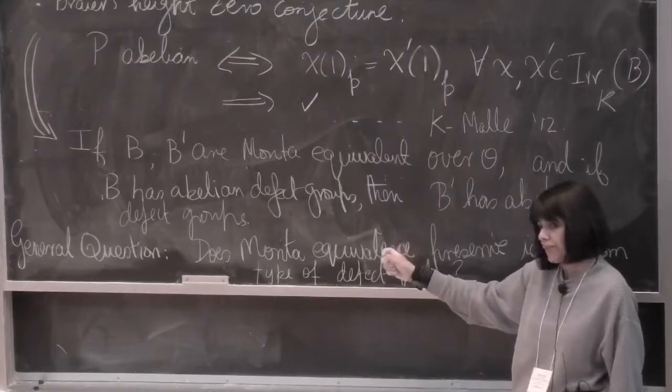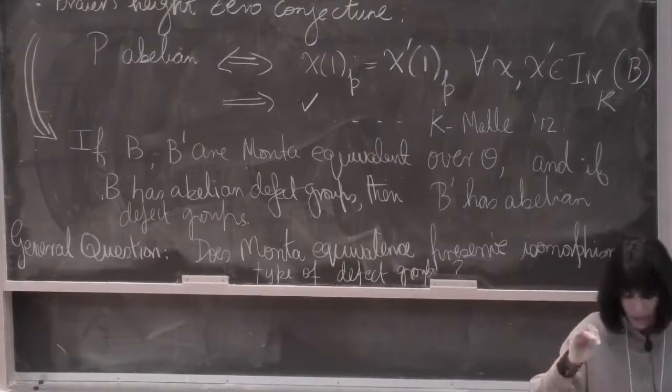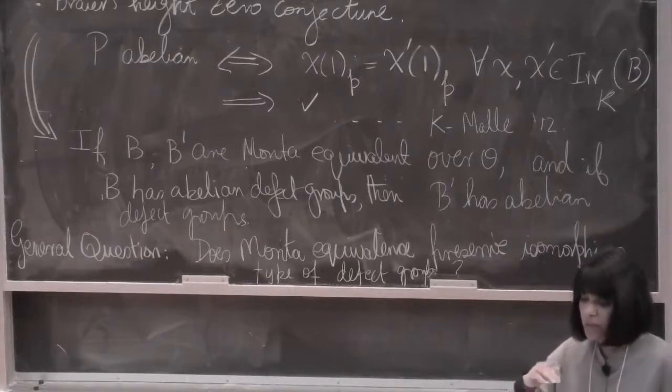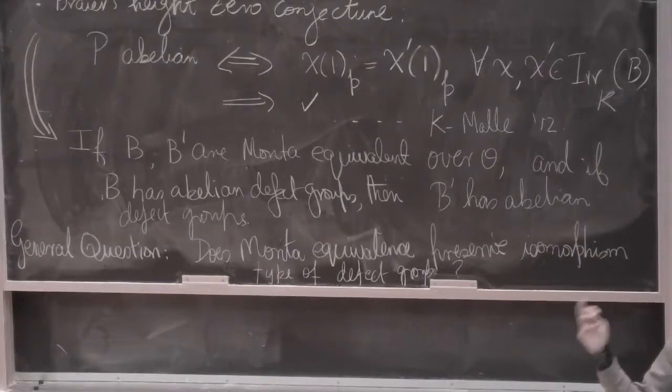if you think about this a little bit, if all you're asking is that there's a Morita equivalence between the block algebras over the field of characteristic p, this is satisfied, for example, if you take two finite p-groups and take their group algebras over a field of characteristic p. Then there will be only one block, and being Morita equivalent, both of them are indecomposable.